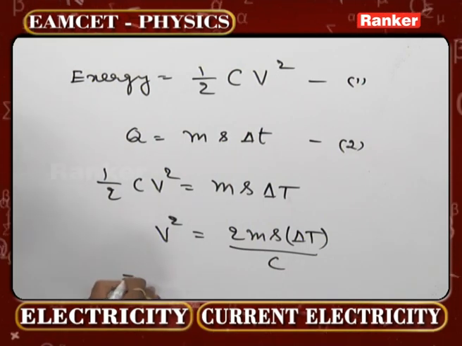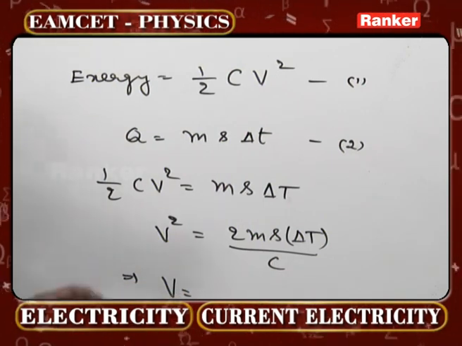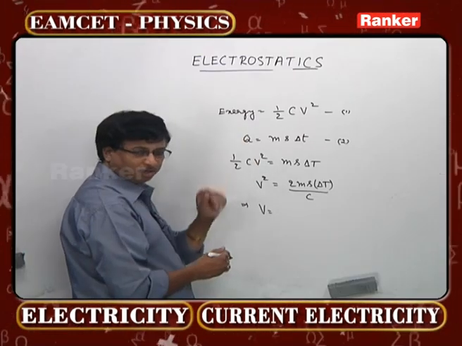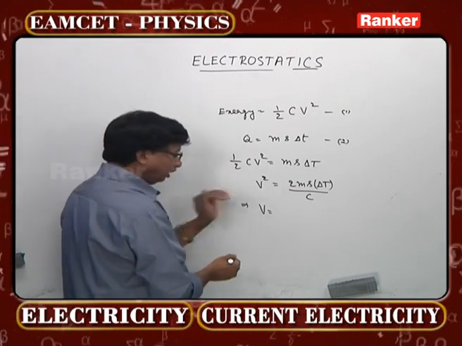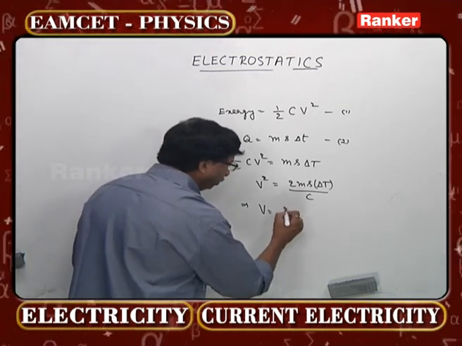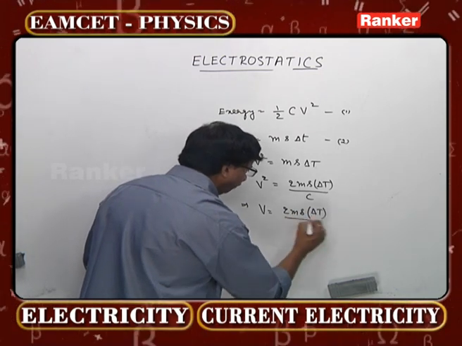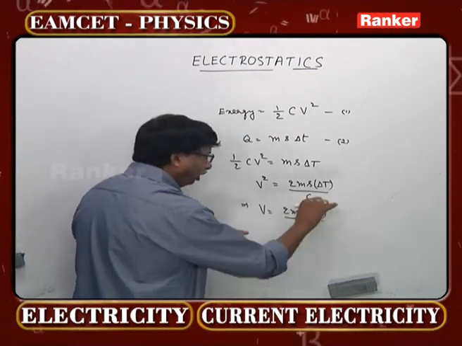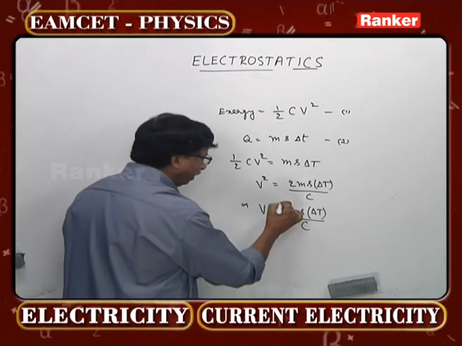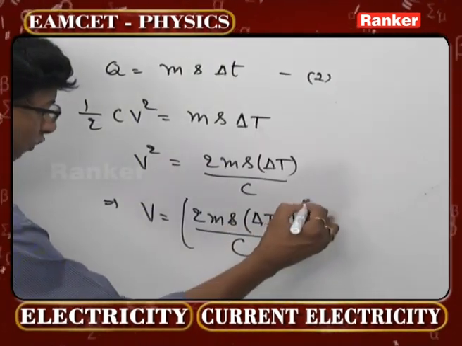But what is this question? What is the potential difference across the plates of the condenser is the question. So you can understand directly it as 2MS into delta T whole divided by C whole under root. Under root means you can all understand that is to the power half.